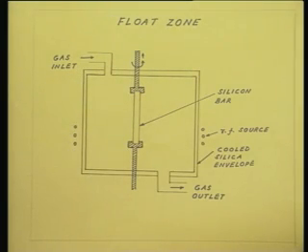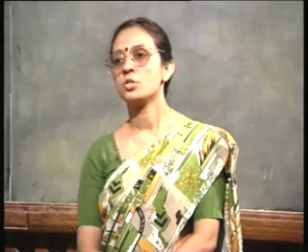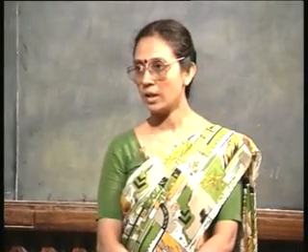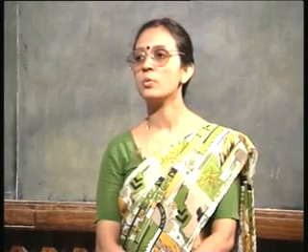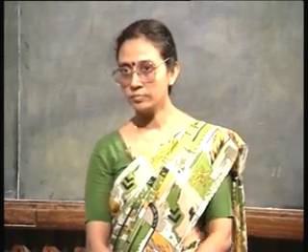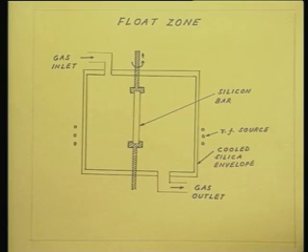Therefore, you see, you need a very expensive starting material. You need a silicon bar, a rod of silicon. So, this starting material itself is going to be quite expensive, unlike in Czochralski or Bridgman, where you could use powdered or polycrystalline silicon material. So, here we have to have a silicon bar.